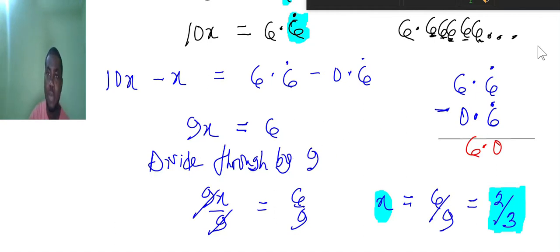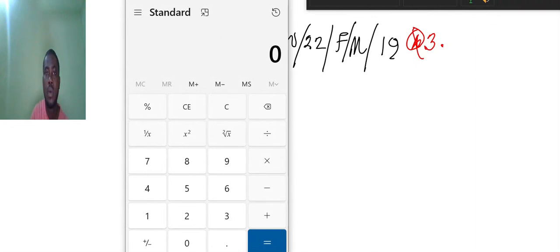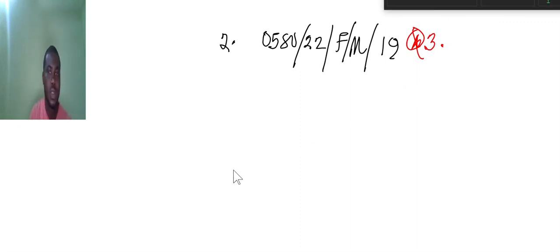Let's take example number 2. Example number 2 will be from an IGCSE math past question. So we have question 3 of Mathematics 0580, 2019 paper 22, February March.